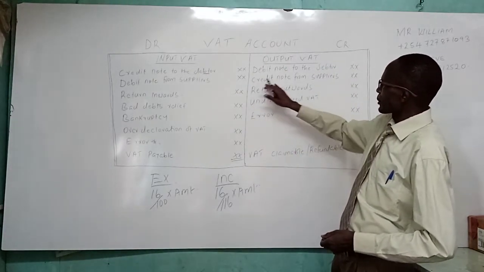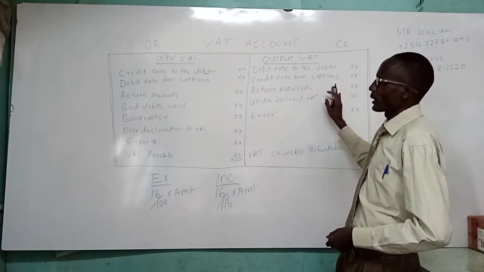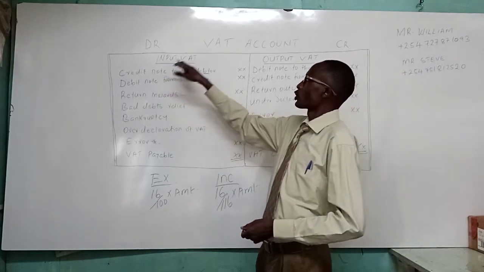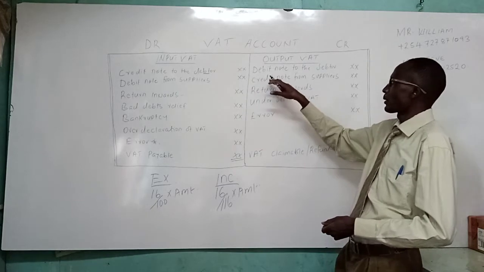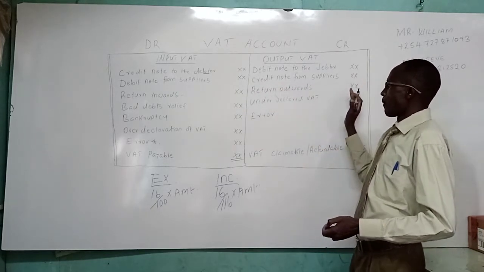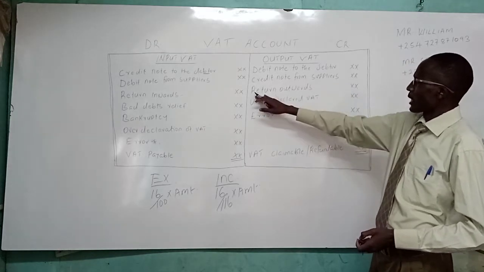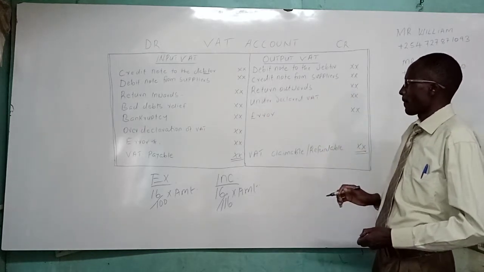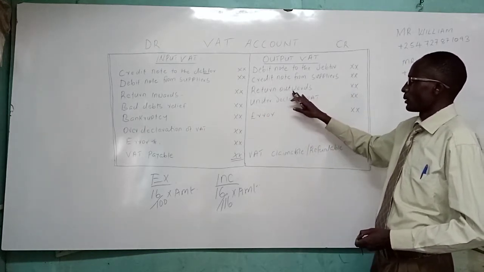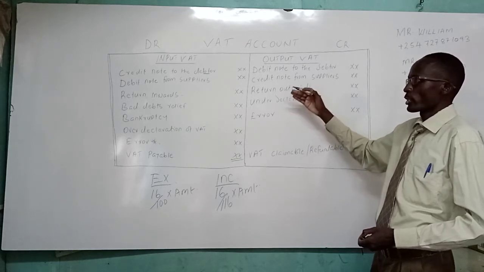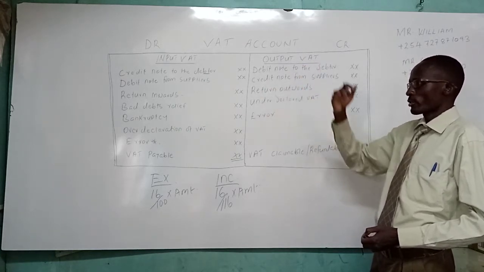Now the next item is credit note from the supplier. Now on this side we are saying credit note to the debtor. Here we are saying the credit note from the supplier. Now the other item is return outwards. Now these are customers who purchased goods from your business.